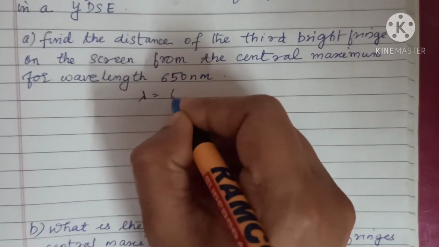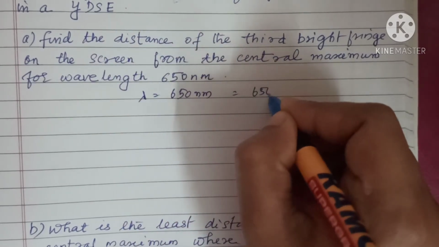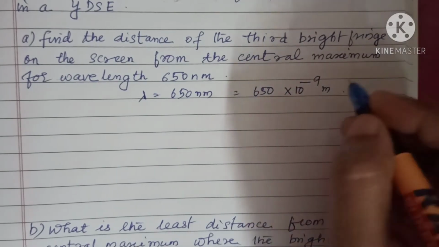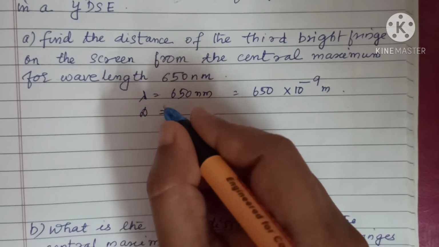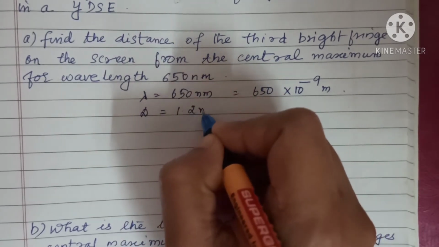So first we can write the given data, that is lambda equal to 650 nanometers, which is 650 into 10 raised to minus 9 meters. Then capital D is 1.2 meters.